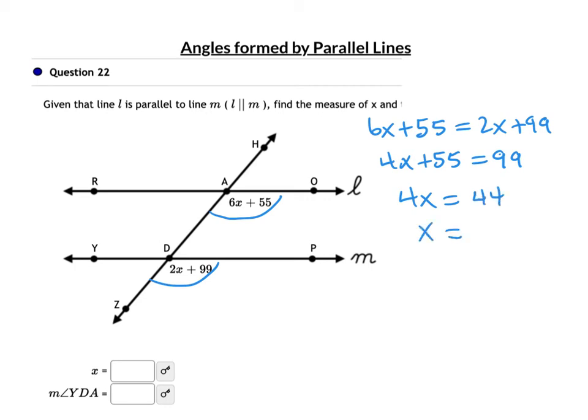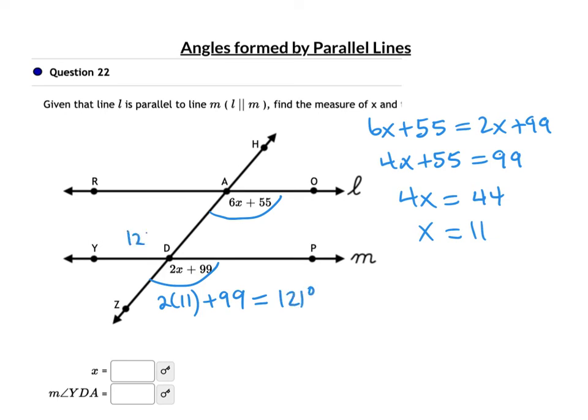And x then is 11. Now we'll plug that in. How about down here? 2 times 11 plus 99. You can plug it in either one. It does not matter. So that's 22 plus 99, which is 121 degrees.